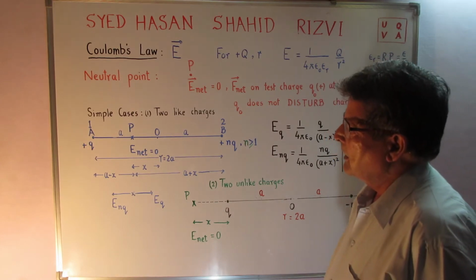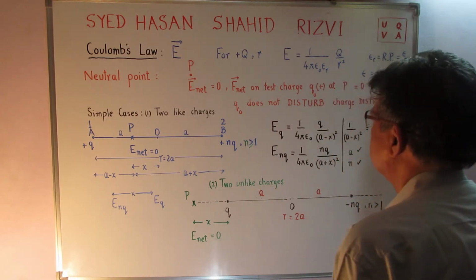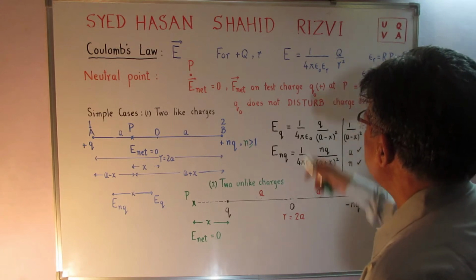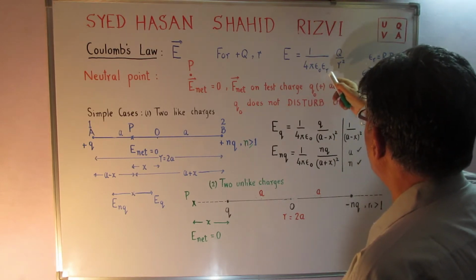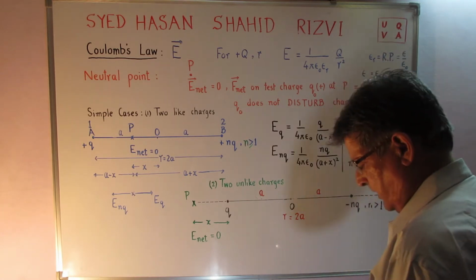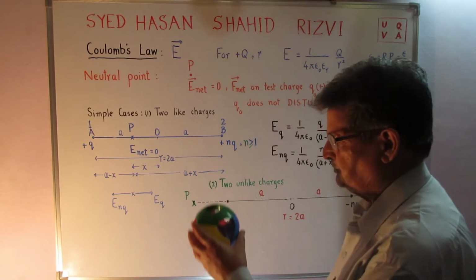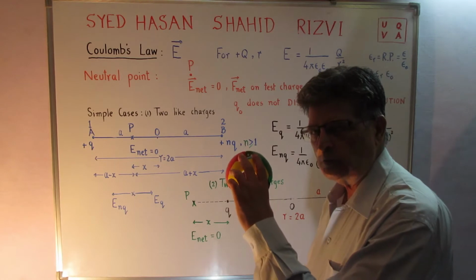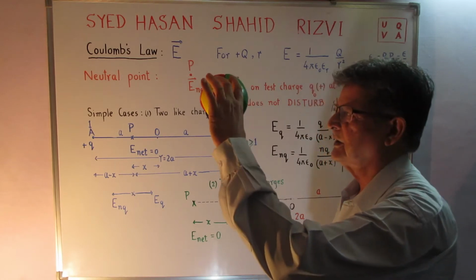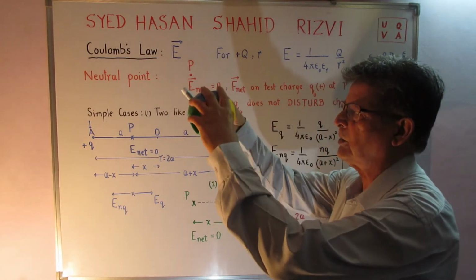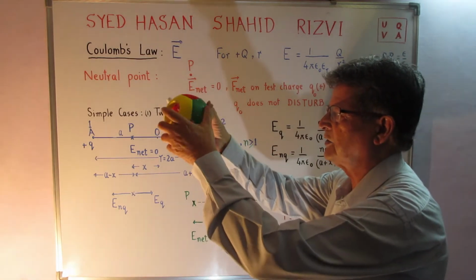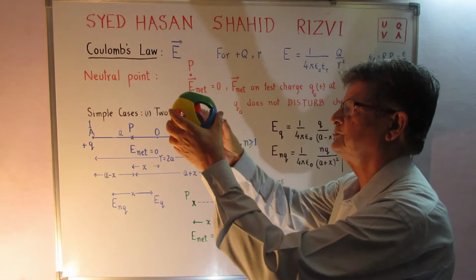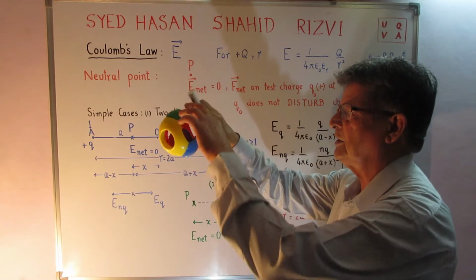Now, when I said that E is equal to 1/(4π ε₀) × Q/r², let ε_r be equal to 1, then let me put my charge Q at the center of this spherical body. This is a toy for my grandson, Mr. Ali, courtesy his father.